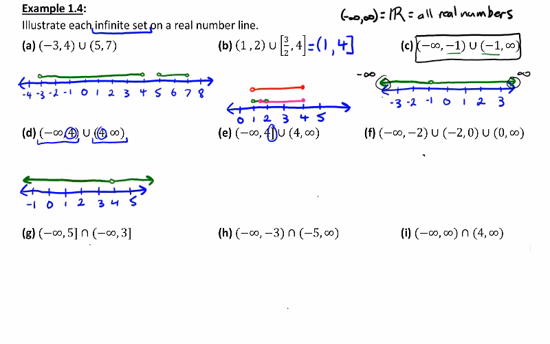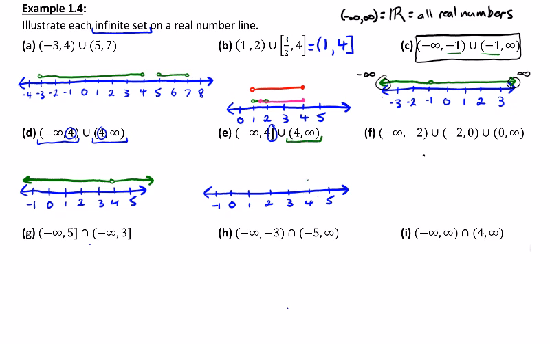So I want to draw this and give you a chance to see how these two sets are going to come together. The number line that I'm going to set up will look just like the one that I set up for part D. Start at -1. Now this time I'm going to start with the second set, the 4 to infinity.